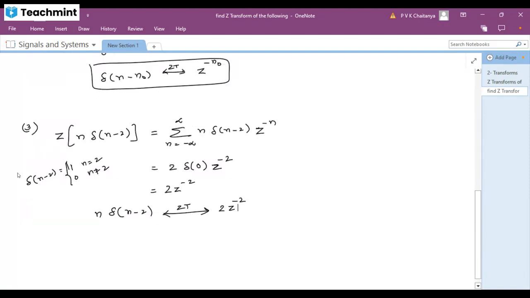So in the same way, for n into del of n minus n naught, the z transform will be n naught into z power minus n naught.